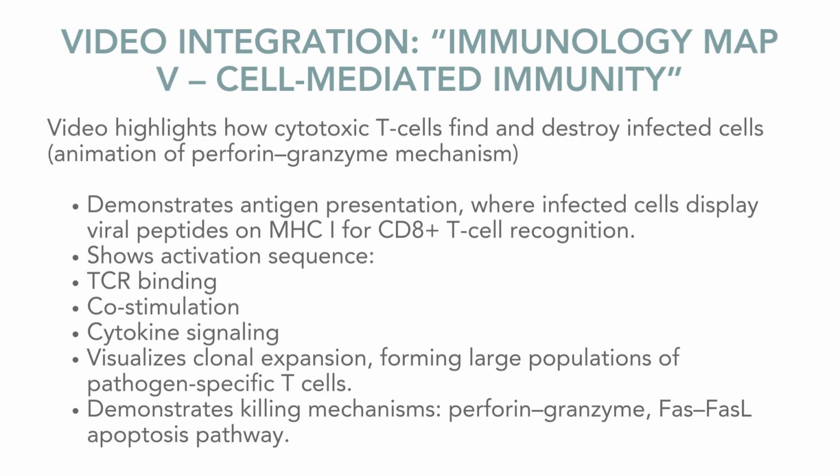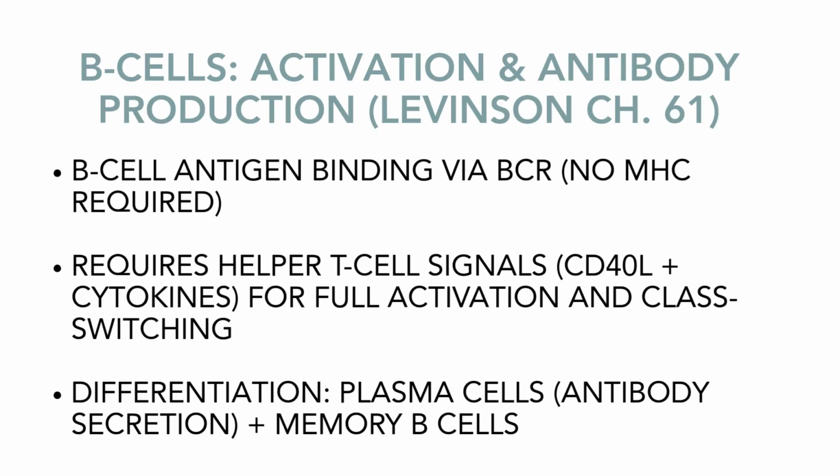And now we need to shift over into the B cells. B cell activation. In chapter 61, Levinson explains that B cells recognize antigens directly through their B cell receptor. However, full activation usually requires help from CD4 plus T cells.